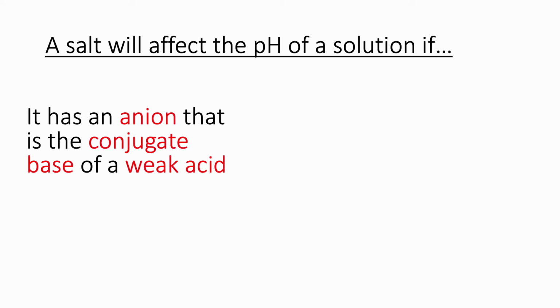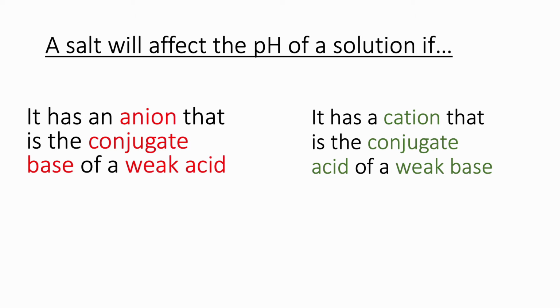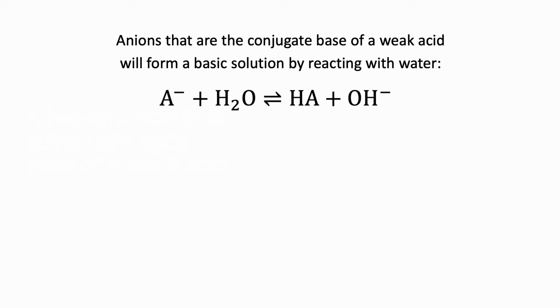If the anion of an ionic compound is the conjugate base of a weak acid, it will make the solution basic. If the cation of a salt is the conjugate acid of a weak base, that will make the solution acidic. So let's talk a little more about how that happens.